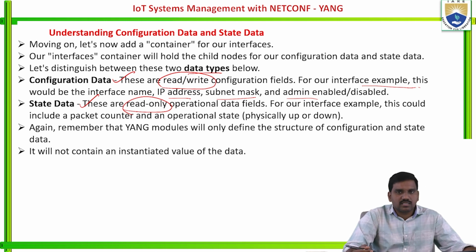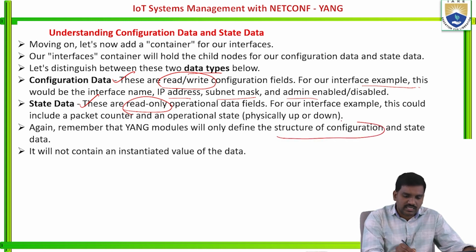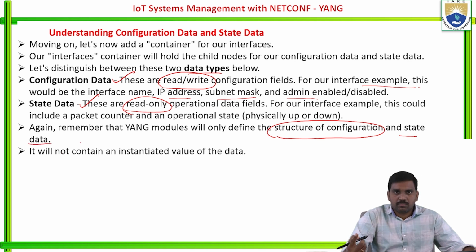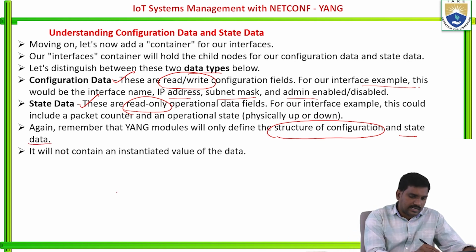So again, remember that YANG modules will only define the structure of configuration and state data. This is the thing you need to remember for a YANG module: it mainly defines the structure of configuration data along with state data.